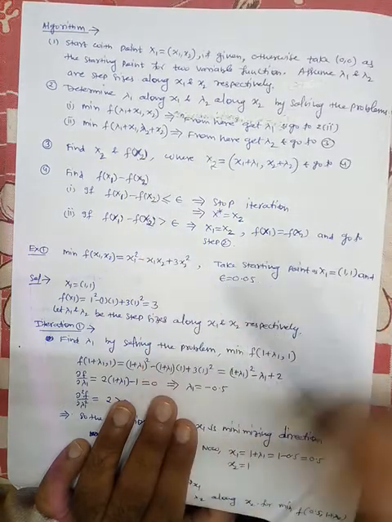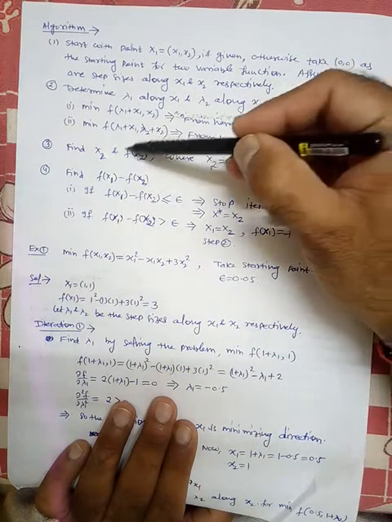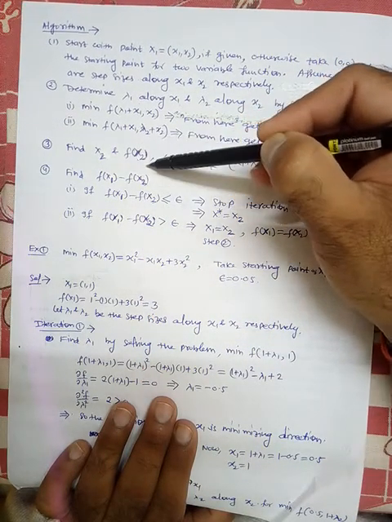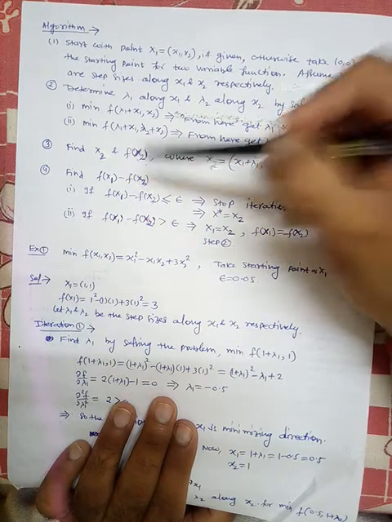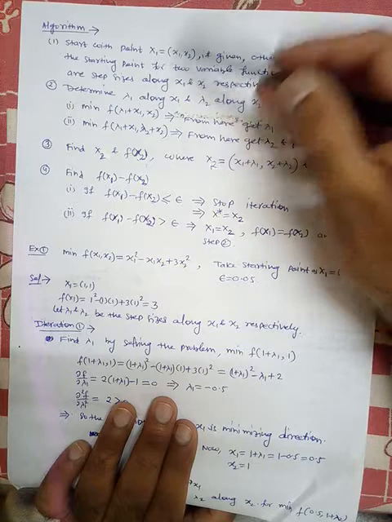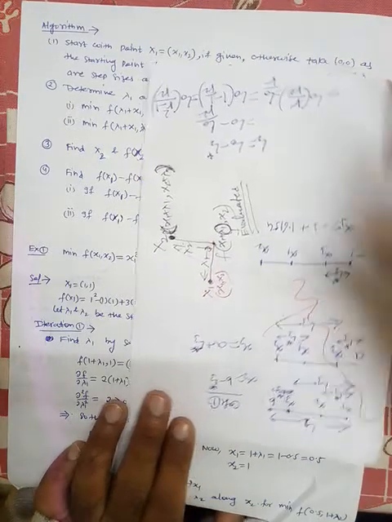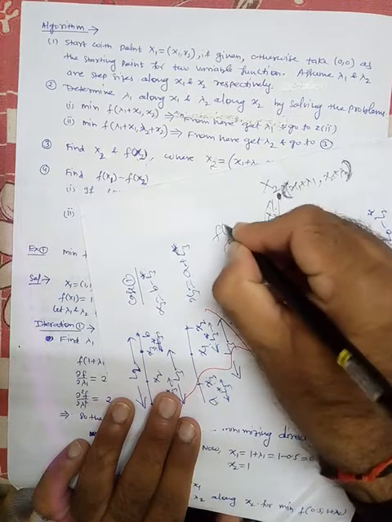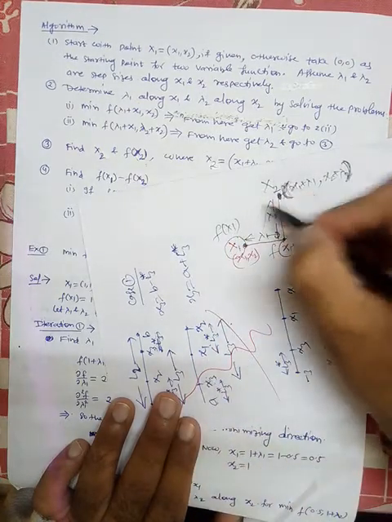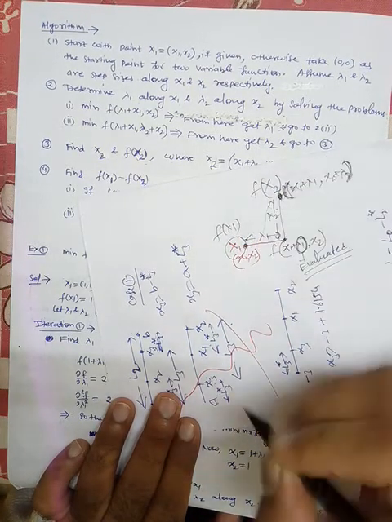Now there are two cases. Either this functional value f of x2 is reduced in comparison to f of x1, because here we will find the value at this point. The functional value is f of x1. At this point the functional value is f of x2.